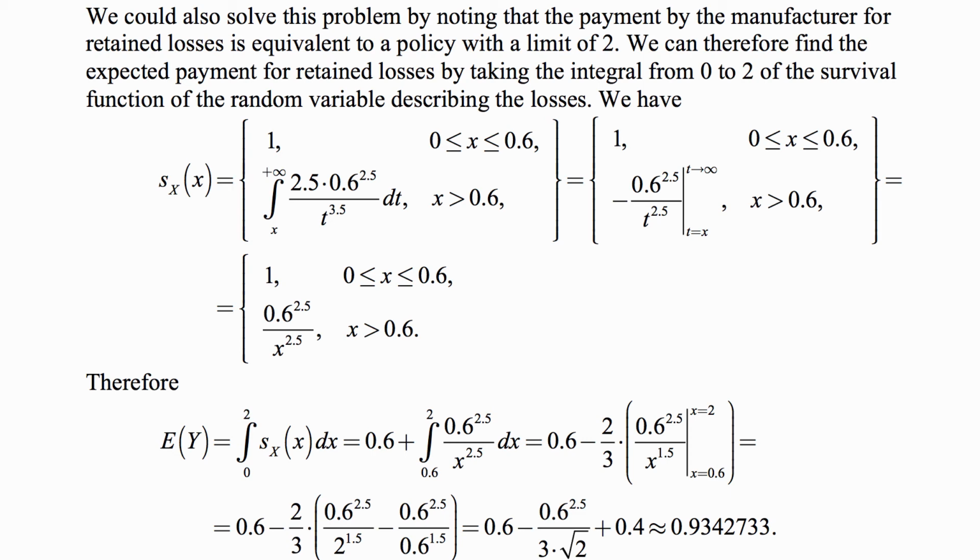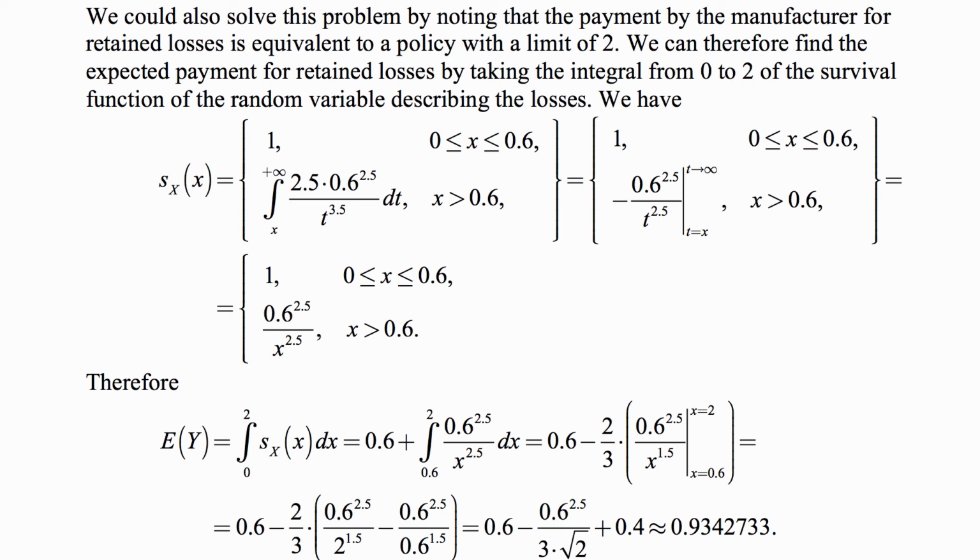We get simply minus 0.6 to the 2.5 over t to the 2.5, evaluated from t equal to x to t going to plus infinity. And so the survival function is calculated to be 1 for x between 0 and 0.6, and then 0.6 to the 2.5 over x to the 2.5 for x more than 0.6.